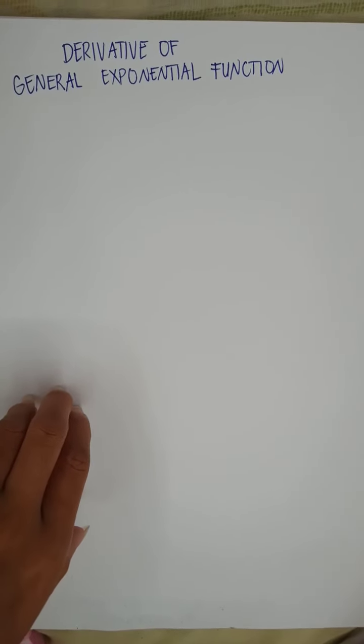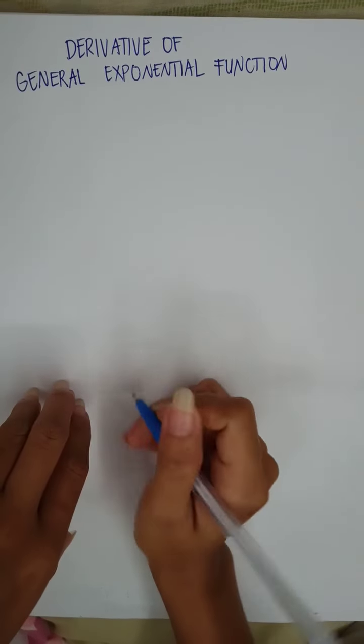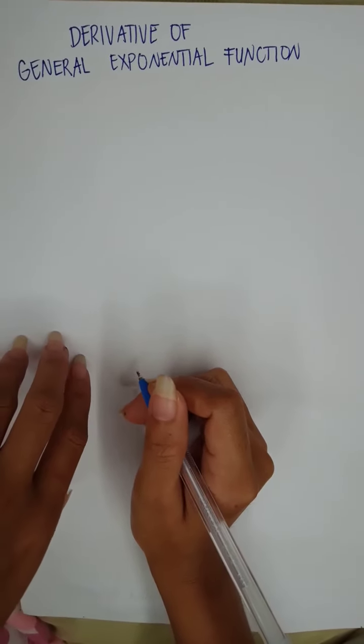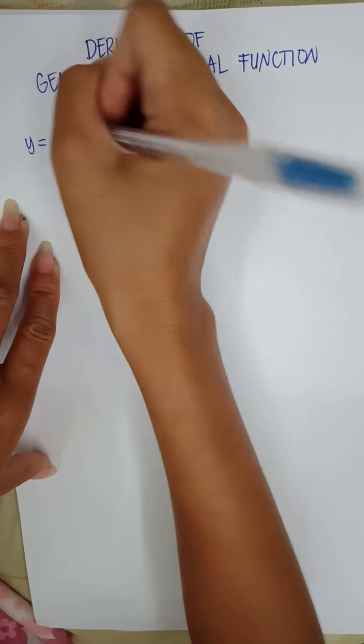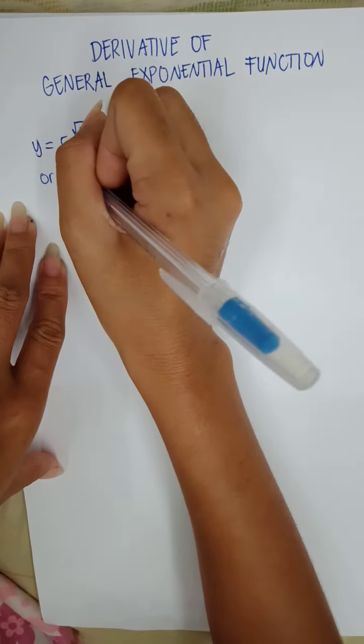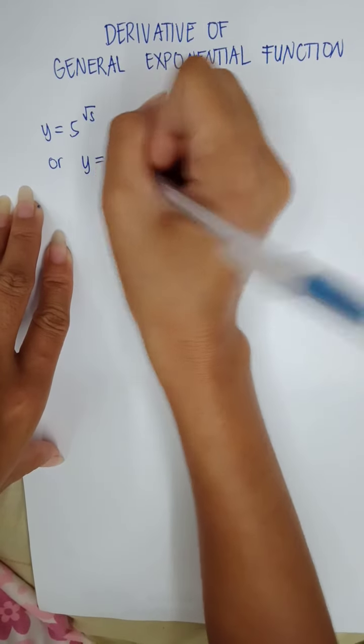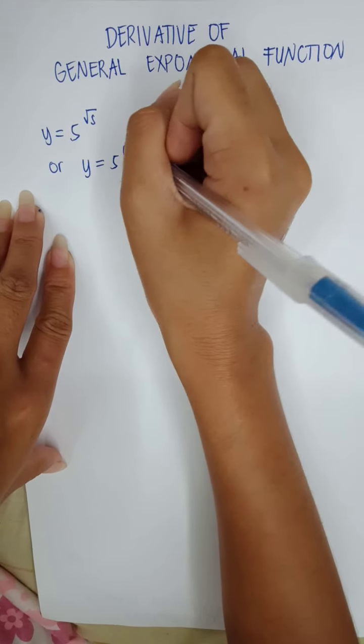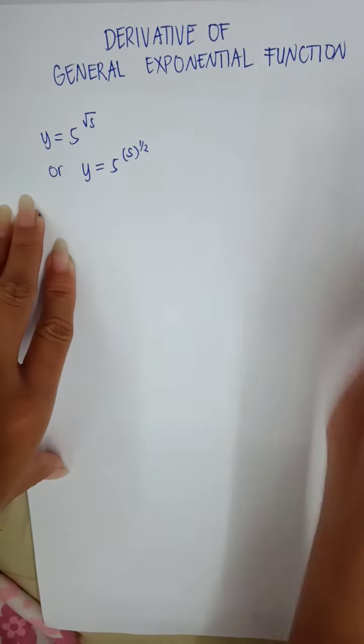In this video, we're going to find the derivative of general exponential function y is equal to 5 to the power of square root of s, or y is equal to 5 to the power of s to the 1/2.